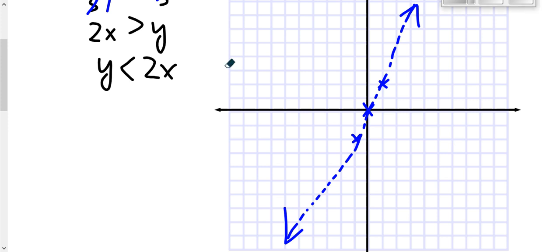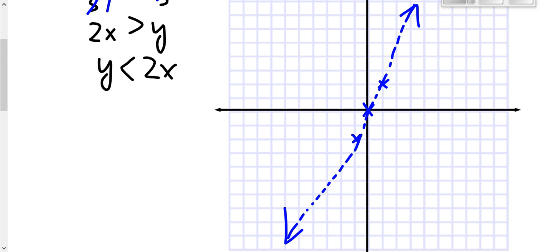And as I said a few seconds ago, you can read this in two different ways. You can say 2x is greater than y, or you can say y is less than 2x. So how can you determine if it is greater or less than? Just like last question, I said that we look at this with respect to y. So in this case, if you look at y, then you can say that y is less than 2x.